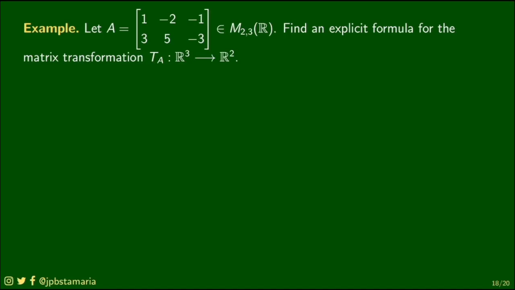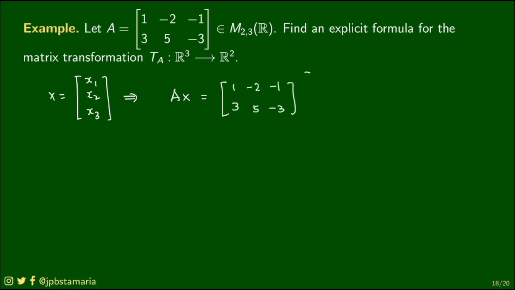So when you write a vector from R3 this way, TA of x means, if you multiply A times x, you get 1, 3 minus 2, 5 minus 1 minus 3 times x1, x2, x3.